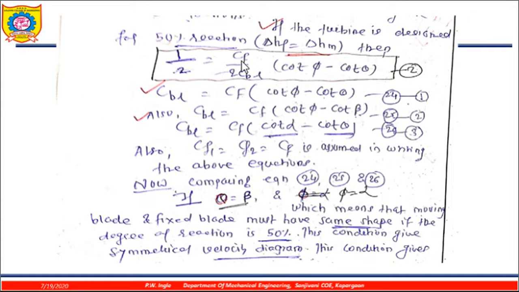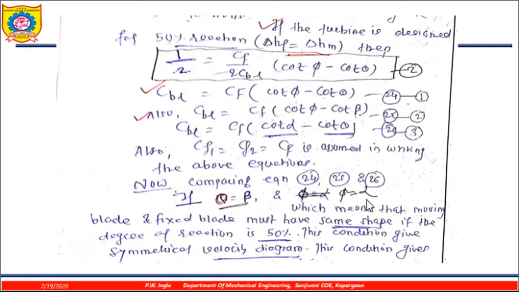So 1 by 2 equals Cf upon twice Cb times (cot phi minus cot theta). The 2 gets cancelled out, so Cb equals Cf times (cot phi minus cot theta). Also, Cb equals Cf times (cot phi minus cot beta), if theta equals beta and phi equals alpha.